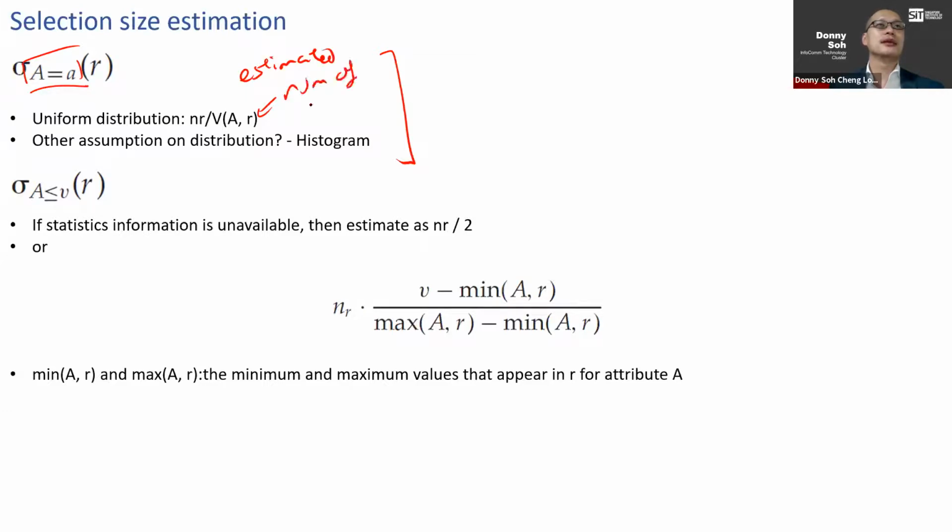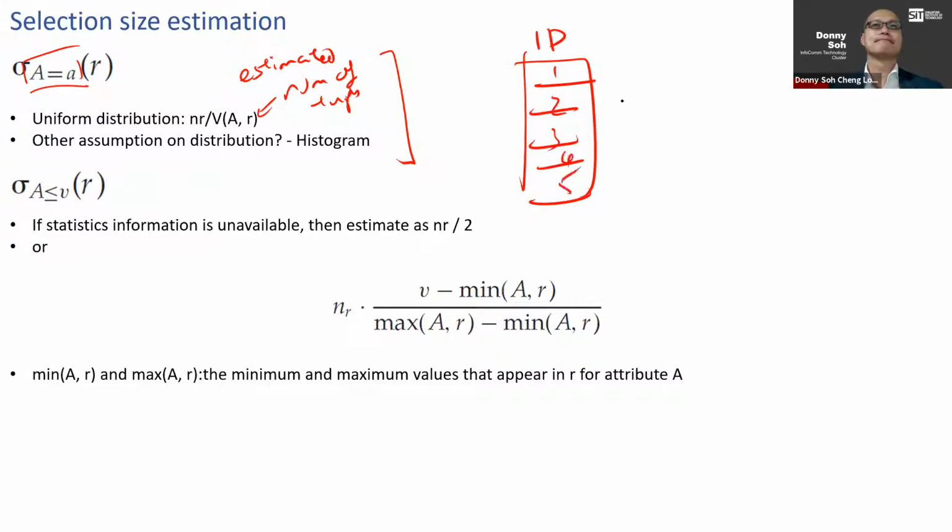number of tuples. So let's say this is ID, department with CS, physics, chem. If we have sigma ID equals 1, what is my V?